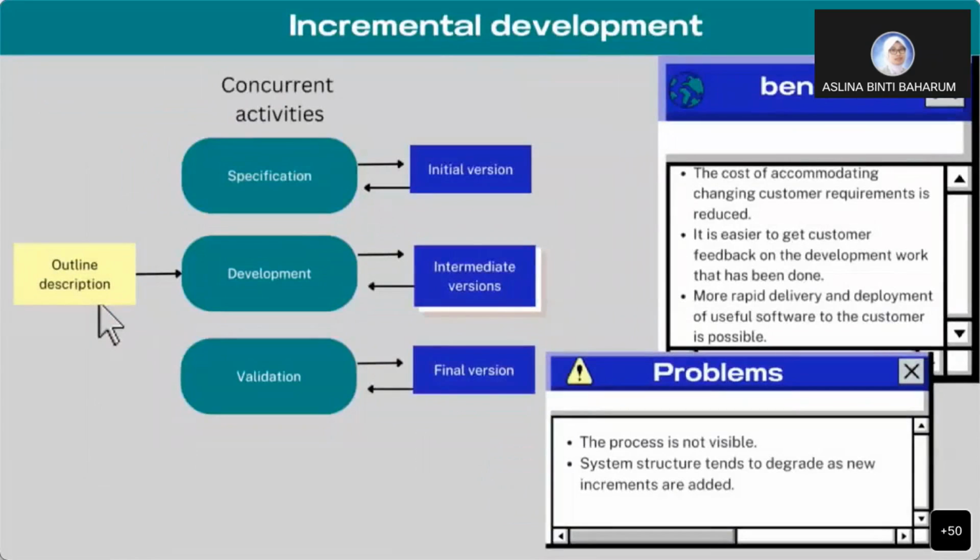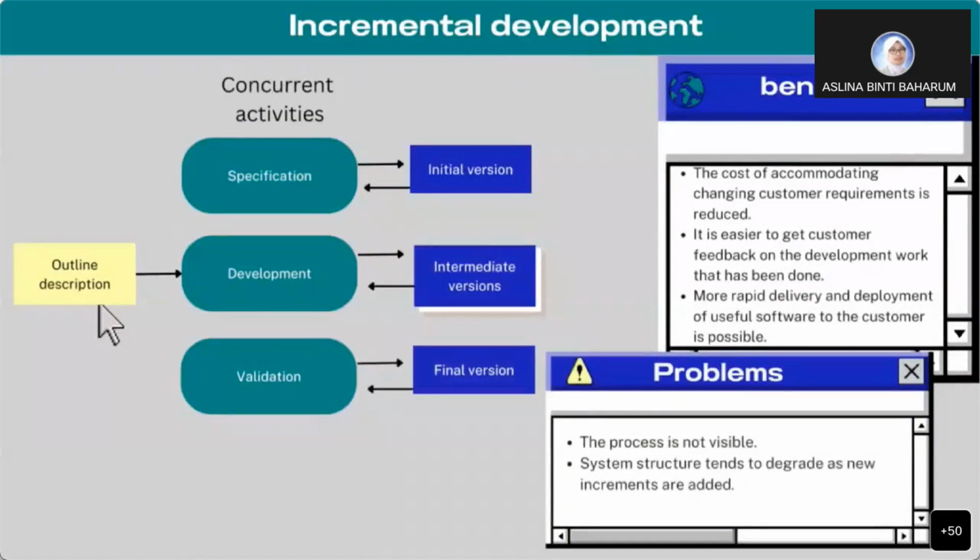As we can see here, once we receive the outline description from our customers, we may do several concurrent activities, which are specification, development, and also validation. In specification activities, once we specify or define our customers' requirements, we can release the initial version of our software.